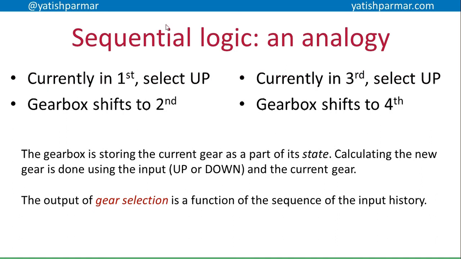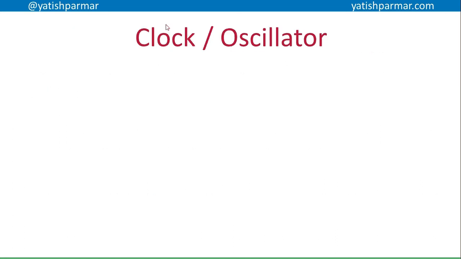And if I'm in fourth and I select down, the gearbox needs to know what inputs have been received thus far to know where it's at in order to calculate where it needs to go next. So the output of gear selection is a function of the sequence of the input history. Obviously, you can replace the bit in red with anything that is going to be using sequential logic.